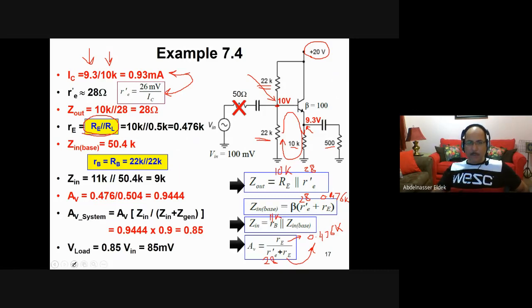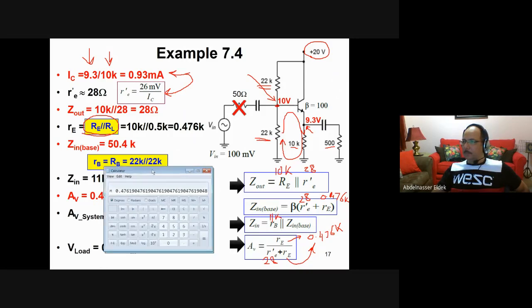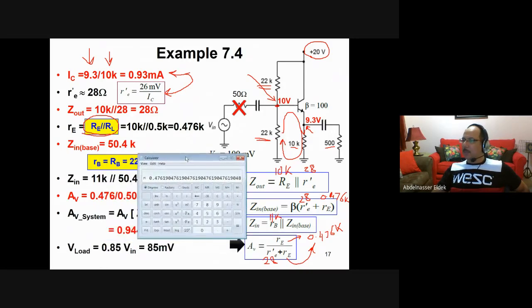So now if you want to calculate the values, for example, Z_out equals what? Equals 10K times 0.028, because 28 ohm is 0.028 kilo ohm, divided by 10K plus 0.028.